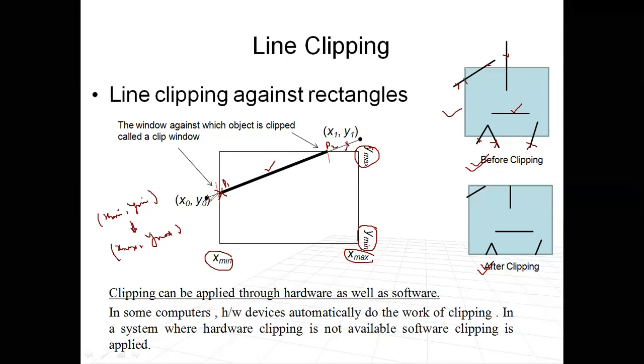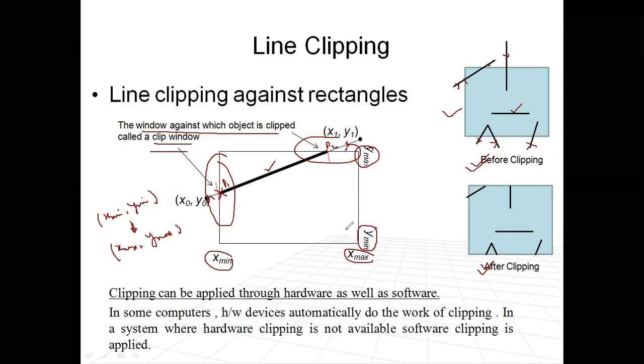In a certain way we will be able to calculate these points, and we have to find which line has to be clipped and which line has to be discarded completely, which we will see. Here the window against which the object is clipped is called a clip window.